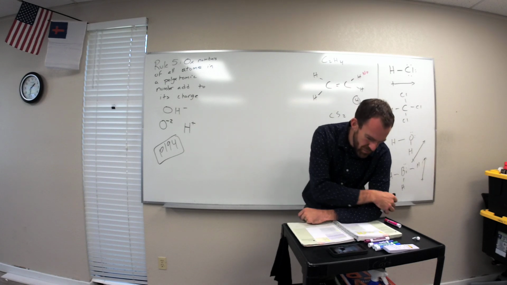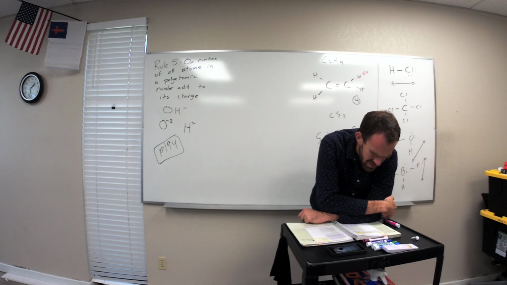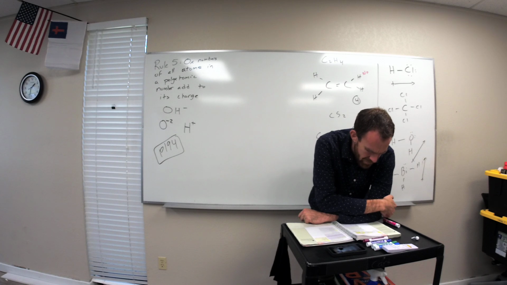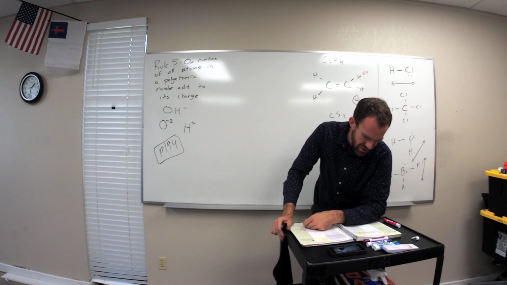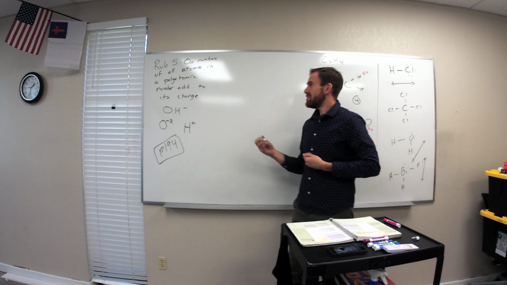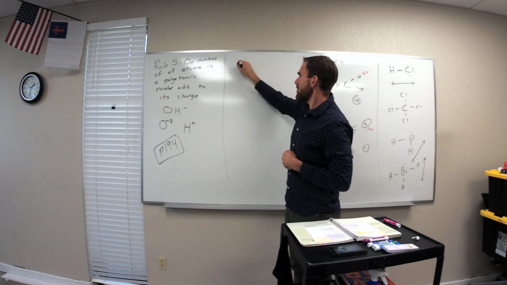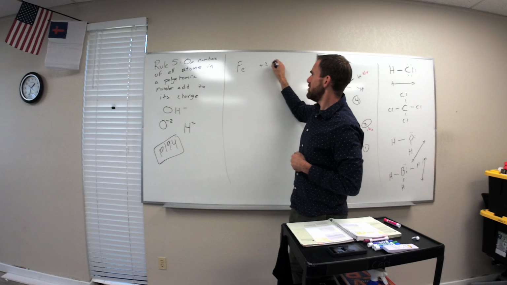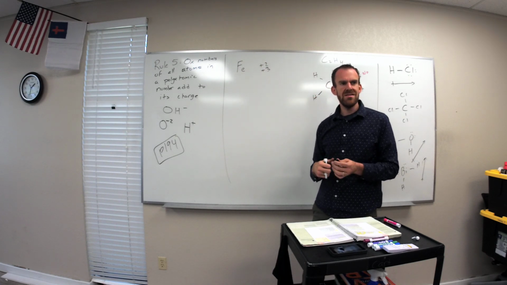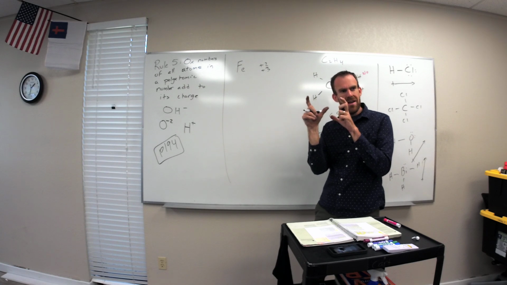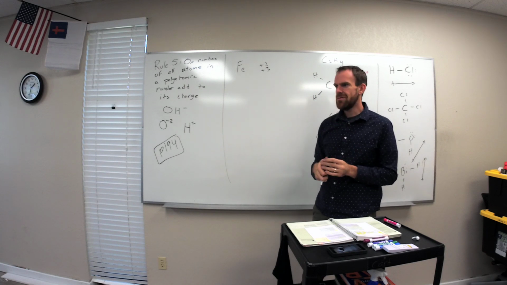Hydrogen usually takes a plus 1 charge. Sometimes it'll take a minus 1, but that's rare. All the ones in the first group, plus 1. All the ones in the second group, plus 2. Some notables are iron, which takes either a plus 2 or plus 3 charge, based on how it navigates that d orbital.